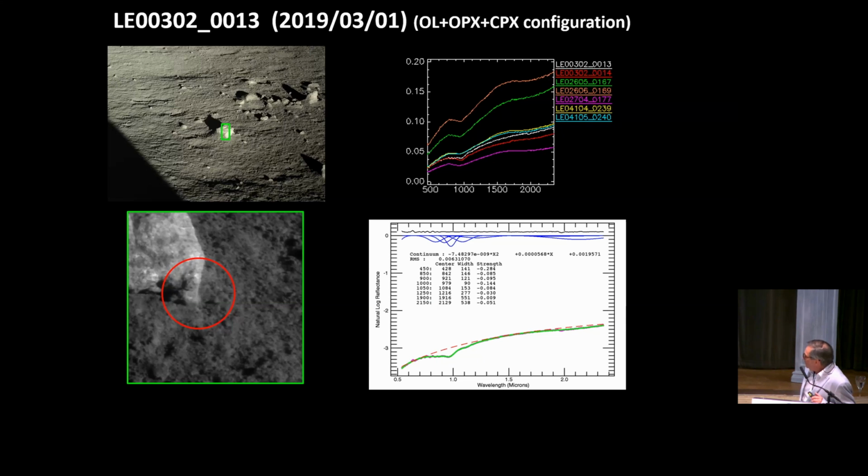For each of these targets, I applied the MGM deconvolution I described to you. And for each of these targets, the best solution among all the possible solutions I tested was systematically a mix of orthopyroxene, clinopyroxene, and olivine. I give you an example here, but you have a few more, just to give you an idea of how this runs.